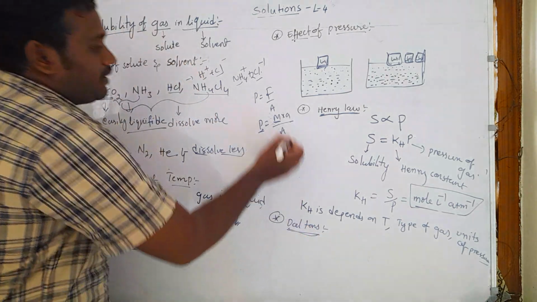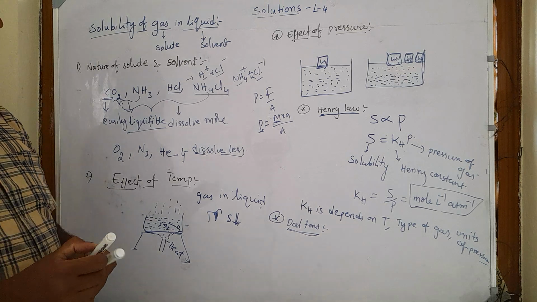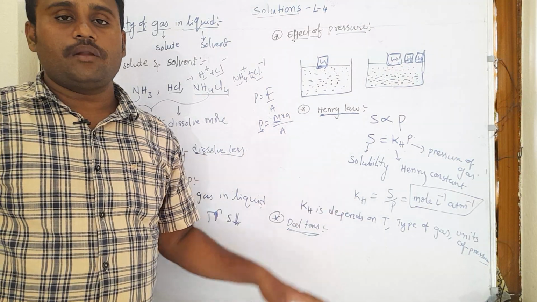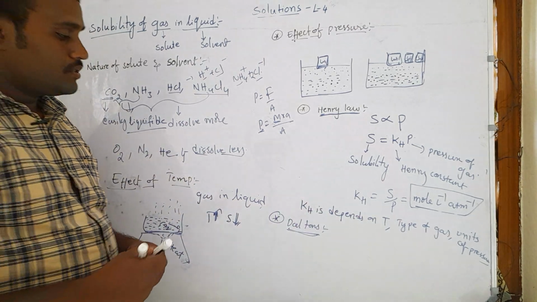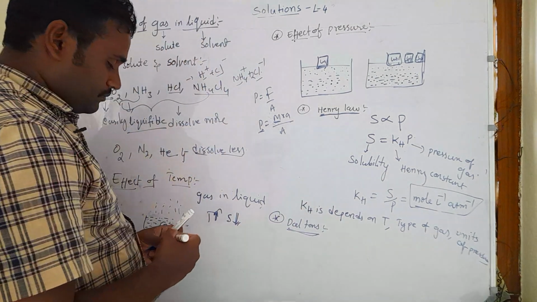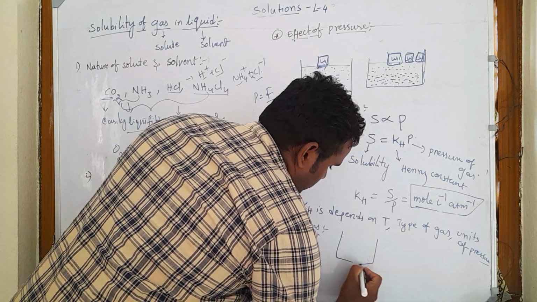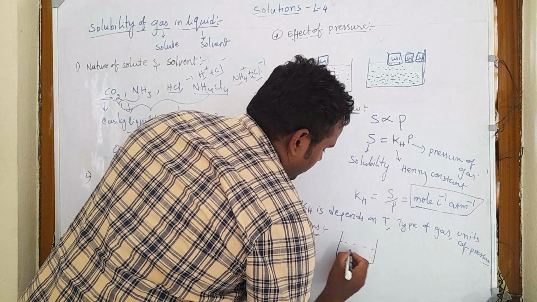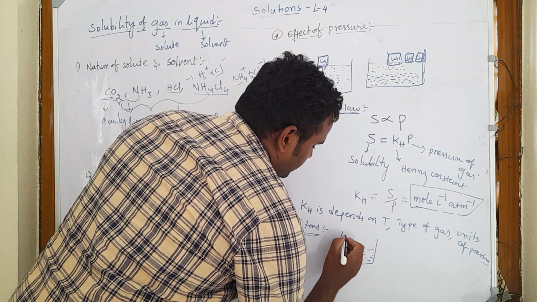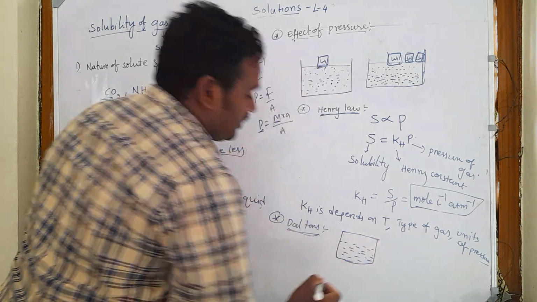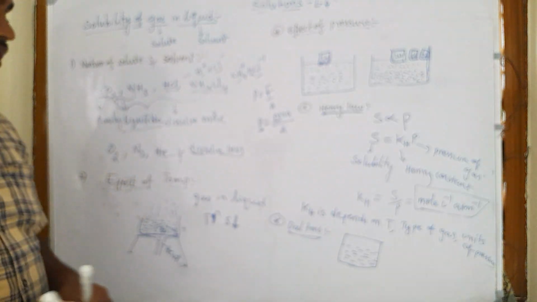Dalton is the contemporary of Henry, and he said that the partial pressure of a gas is directly proportional to the mole fraction. So according to Dalton's law, partial pressure. For example, when you take a mixture of volatile liquids, let us consider the liquid is also volatile.